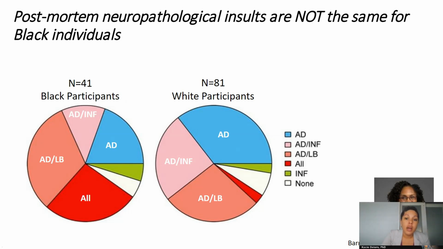And in fact, fewer Black participants have that true AD pathology relative to white participants in the blue wedges. So in fact, Black individuals just have a much higher rate of comorbidities and other pathologies that may be contributing to overall cognitive status and dementia risk that we are overlooking at this time.